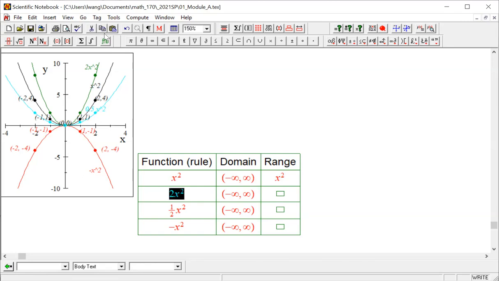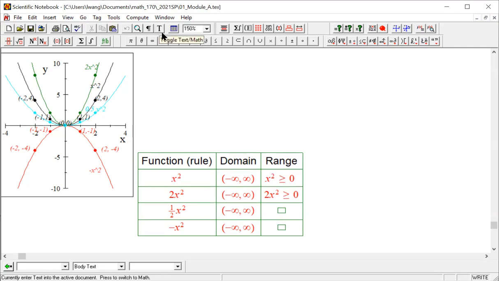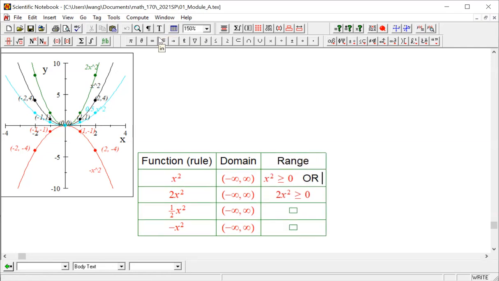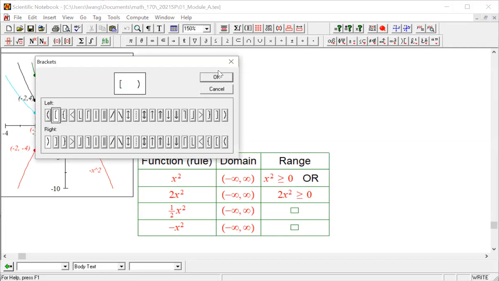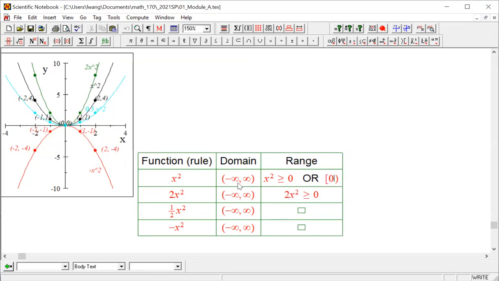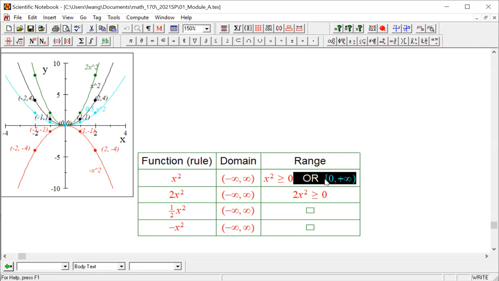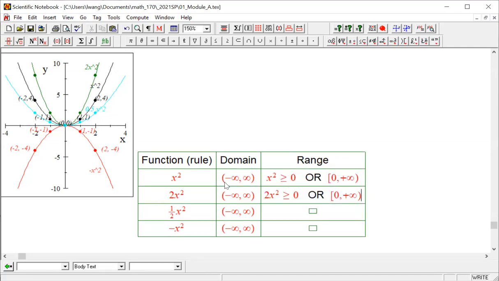And 2 times x squared is still greater than or equal to 0. You can use interval notation to show that. It's from 0 to positive infinity for 2x squared.